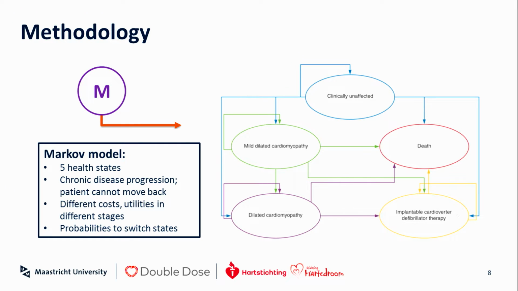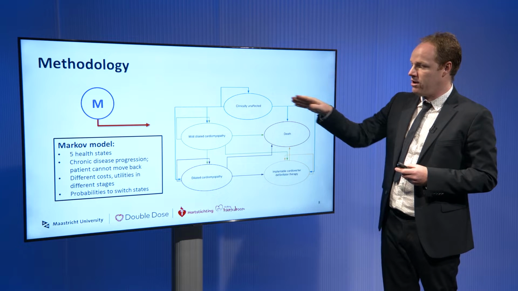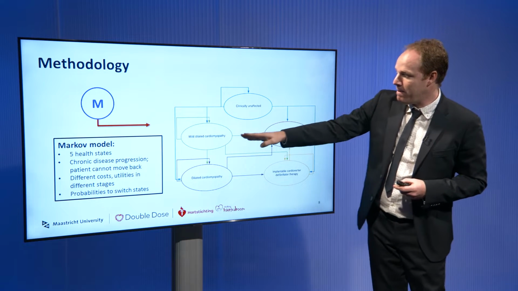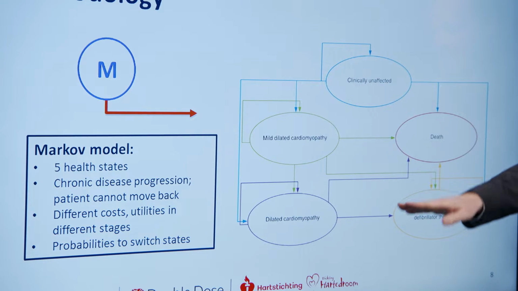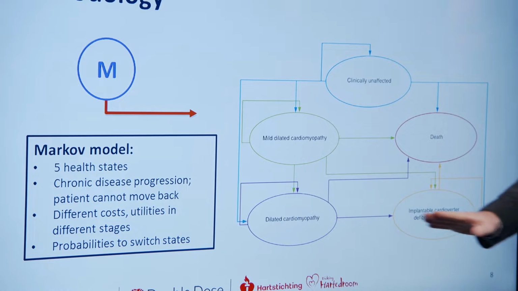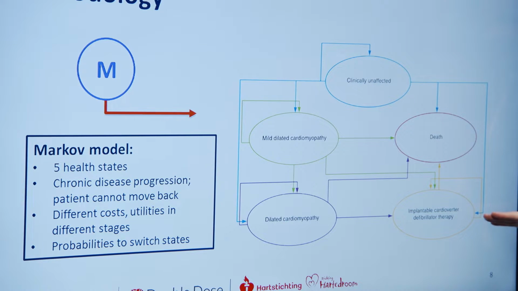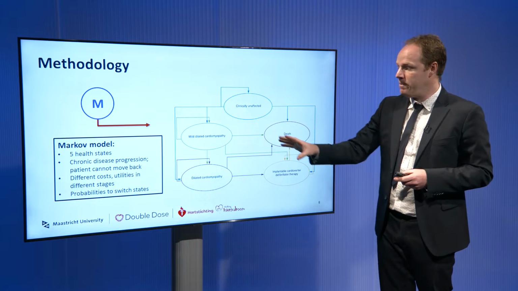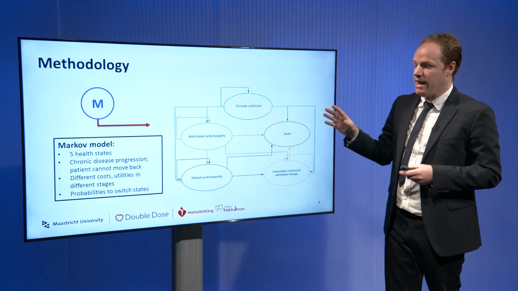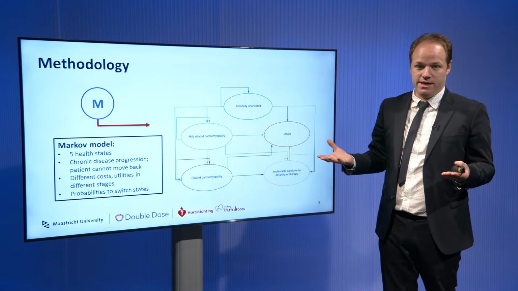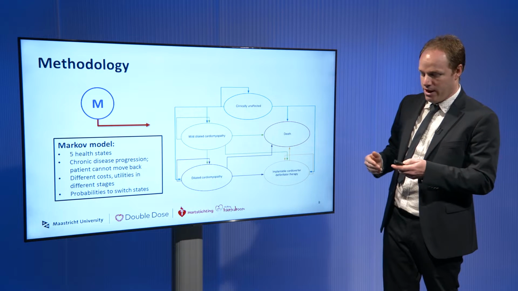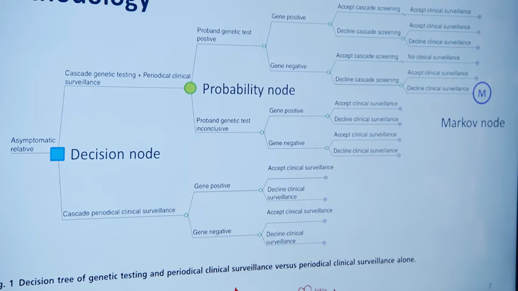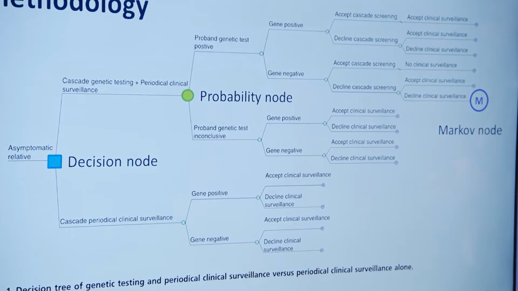There are 5 health states: clinically unaffected, mild dilated cardiomyopathy, dilated cardiomyopathy, implantable cardioverter defibrillator therapy, and death. The patient can move between these health states based on different probabilities, and the probability could differ according to the pathways mentioned in the decision tree.